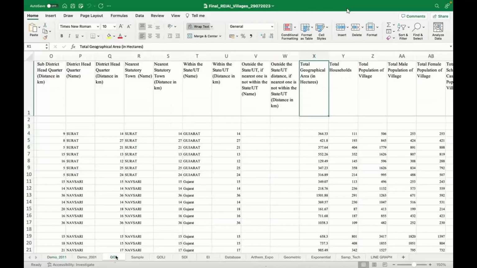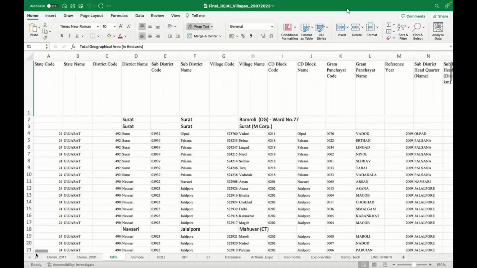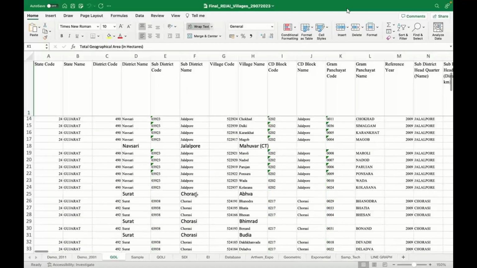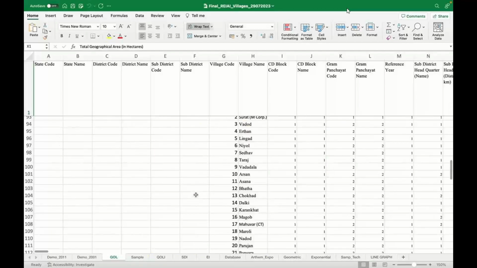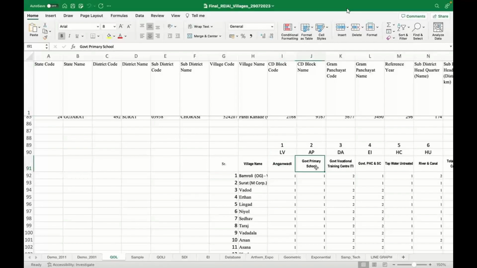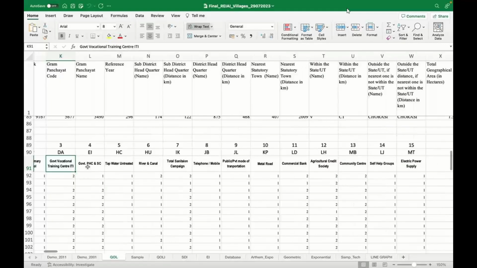Similarly, for quality of life, there are more than 200 data variables, and you want to develop a quality of life index for your area. So what I did, I selected 15 variables: Anganwadi, government primary school, government vocational ITIs, government PHC, SC, tap water untreated, largely in rural, river, canal beside, and everything.